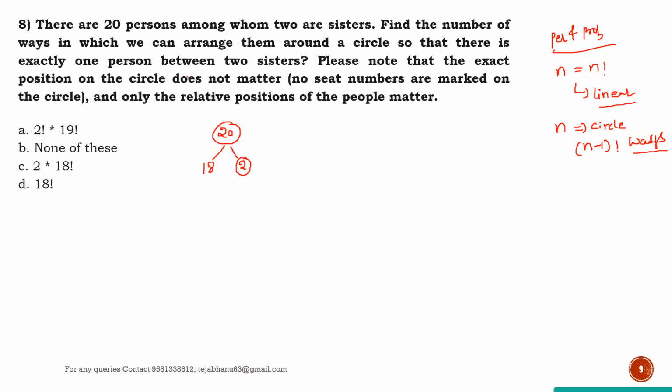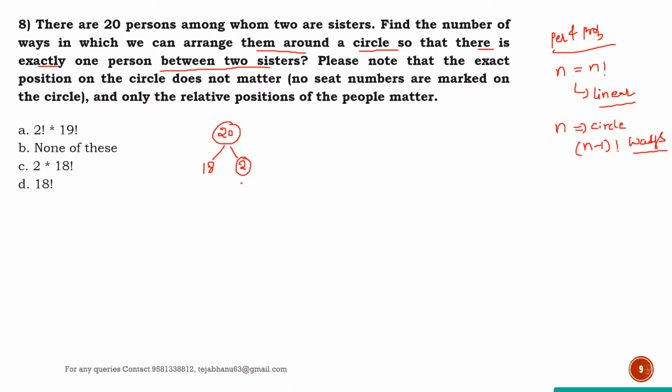We have to arrange them around a circle so that there is exactly one person in between. The two sisters should be close together.